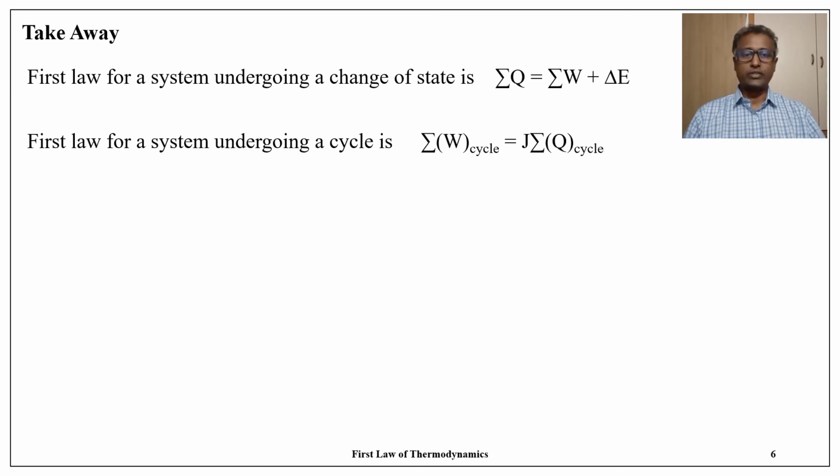So J is a constant, in order to remove the proportionality between work and heat in a thermodynamic cycle. Remember work and heat are energy quantities.